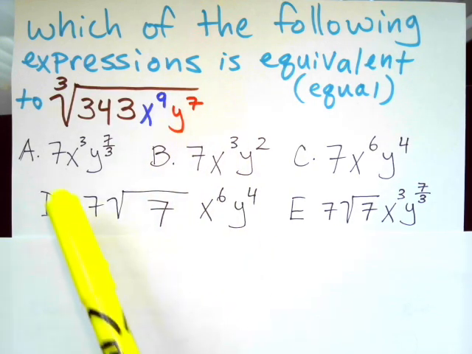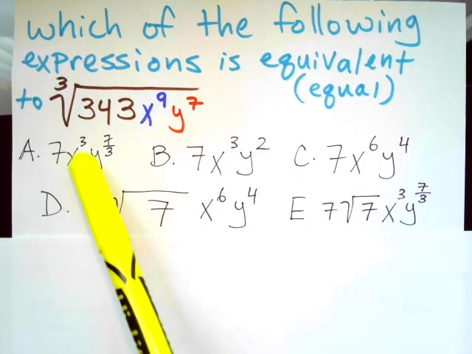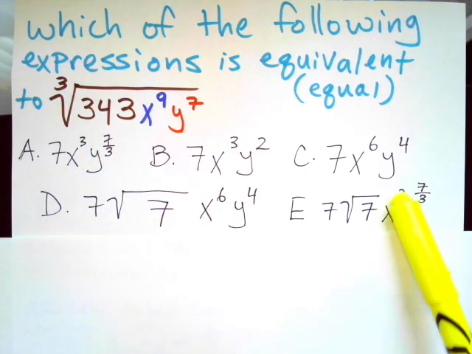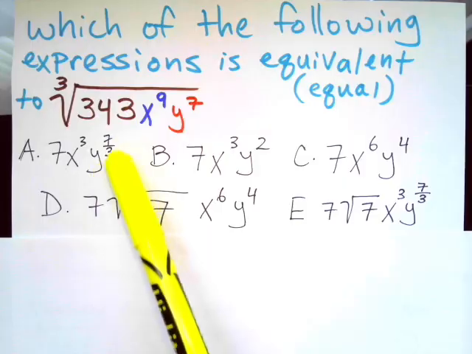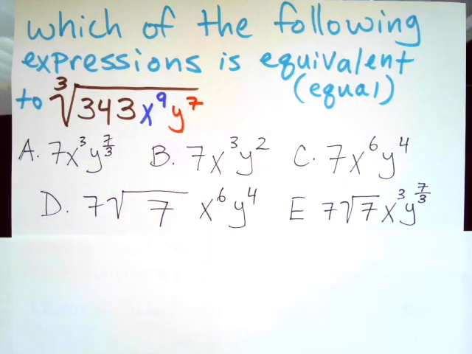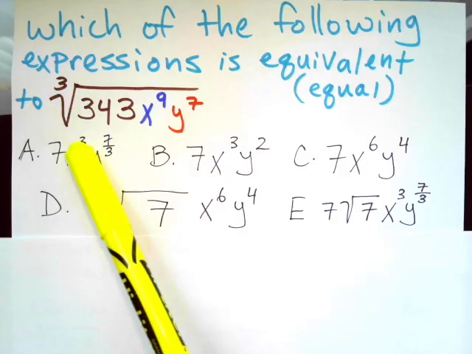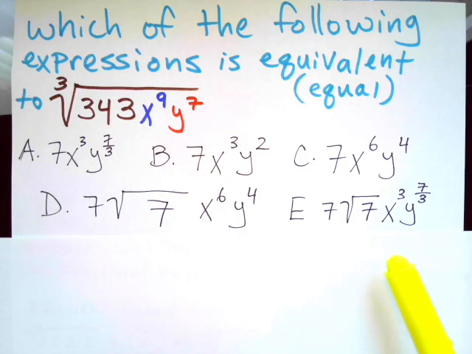So again, let's just look at these options A, B, C, D, and E. We have a couple, A and E, with a fractional exponential power. That should trigger some red flags. That's kind of unusual. We also have the same powers: x is to the third, y is to the 7/3 exponential power.